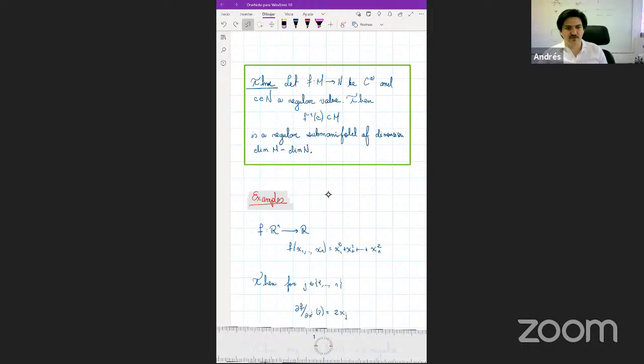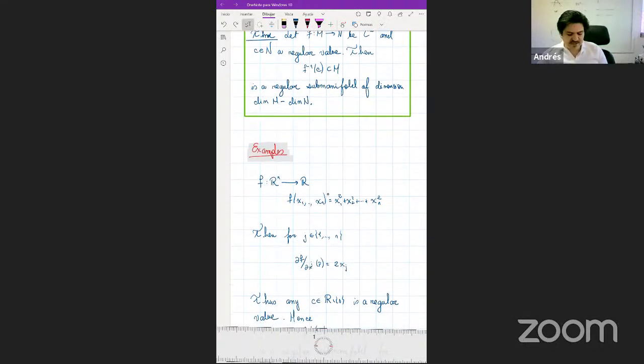So we know that these are the partials. Hence, we can now decide which points are critical points and which ones are regular.